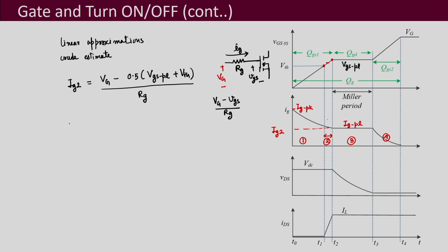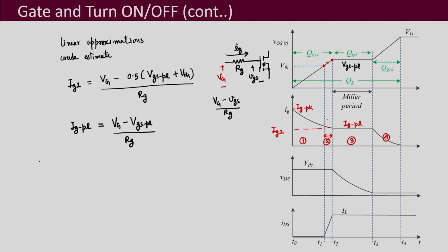Then next we can write your Ig during the Miller period or Miller plateau region will be Vg minus your Vgs PL by Rg. Alright, this is very straightforward over there.